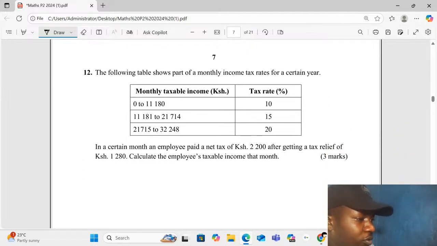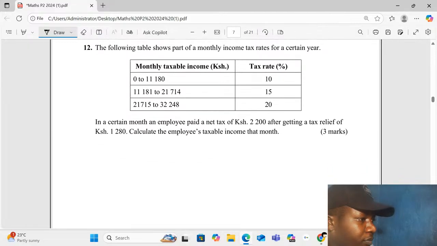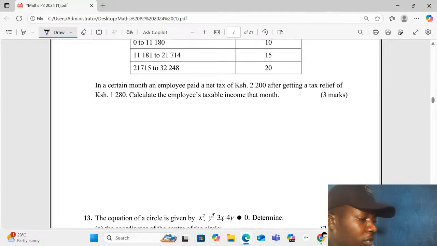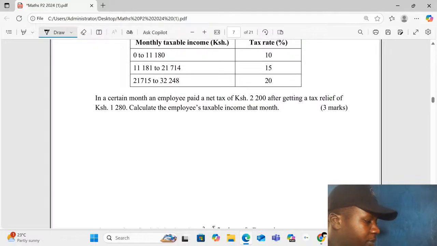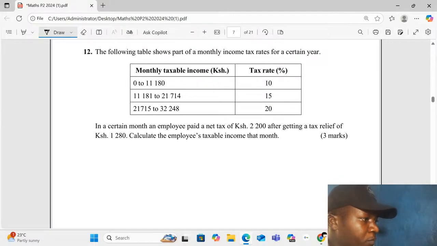Let us move to question 12, which is on taxable income. Question number 12, this one. They're saying the following table shows part of the monthly income tax rates for a certain year: monthly taxable income and rates, as you can see.